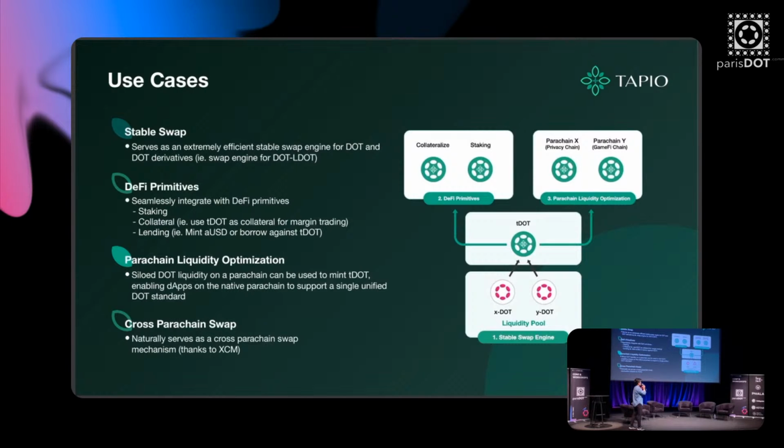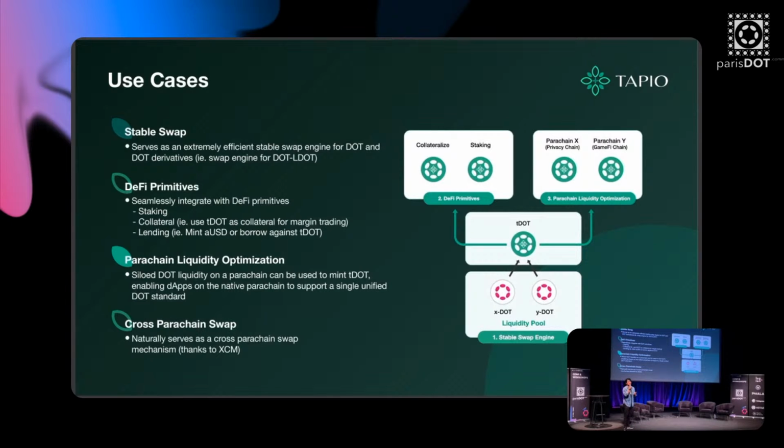We can help aggregate those long tail staking DOT into T-DOT, and then with T-DOT, you can borrow aUSD or collateralize it to trade. That's how we eradicate the whole adoption challenge faced by some of the parachains that have introduced these staking or crowdloan DOT derivatives.